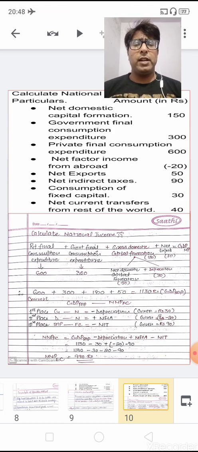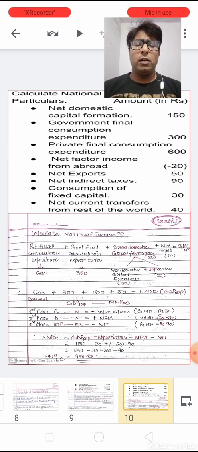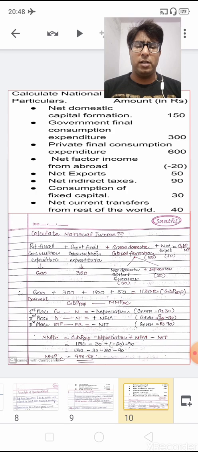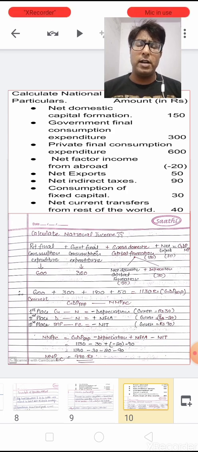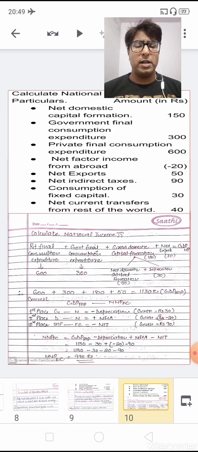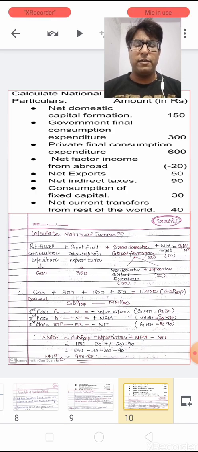So children, once we get the value of GDP MP, we have to convert this value to NNP FC. Now we have to make a conversion from GDP MP to NNP FC. At first place, gross is to be converted into net, so we subtract the depreciation. At second place, we have domestic, which is to be converted into national.